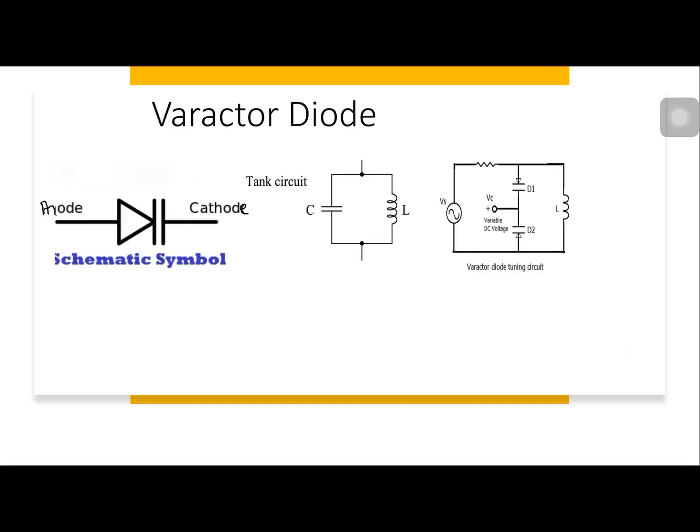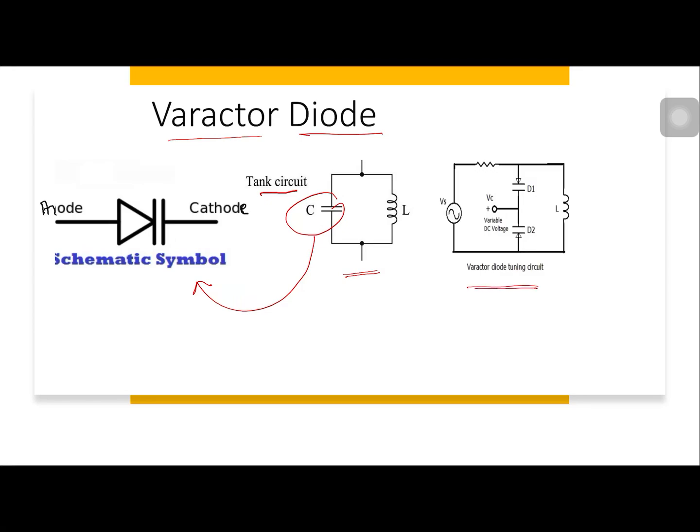Next diode is a varactor diode, a diode in which internal capacitance varies with the reverse voltage. Varactor diodes are used in a tank circuit or an LC tuned circuit. So this is a normal tank circuit, and if I replace this capacitor by a varactor diode, I get a circuit like this.